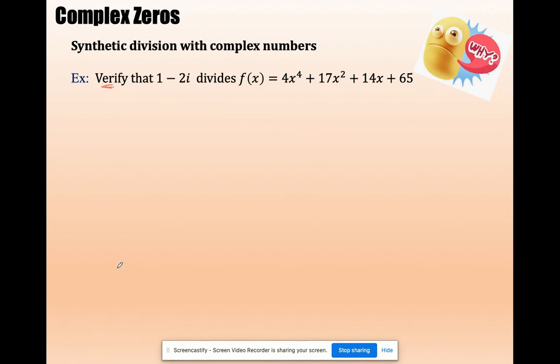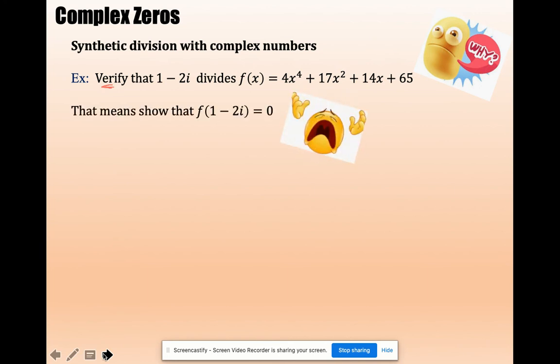But notice I gave you the word verify. Verify means that I am giving you that 1 minus 2i is a 0. Now, I could plug 1 minus 2i here and raise it to the 4th. I could plug 1 minus 2i here and square it. I could put 1 minus 2i here and multiply it times 14.